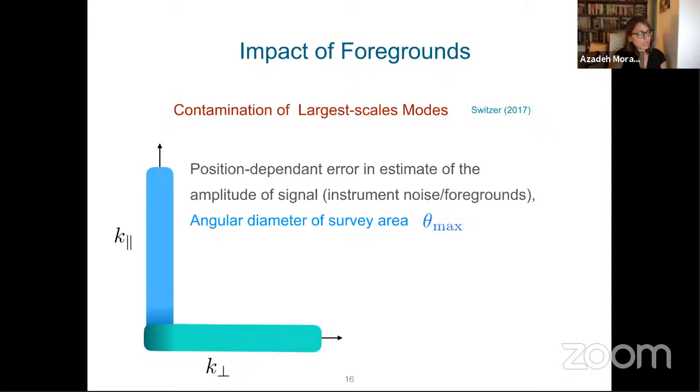So as was shown in this paper and a series of other papers, the subtraction of the foregrounds, for instance, for the C2 line can give rise to contamination of the largest scale modes.